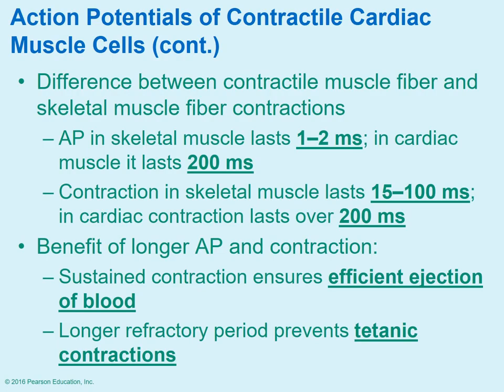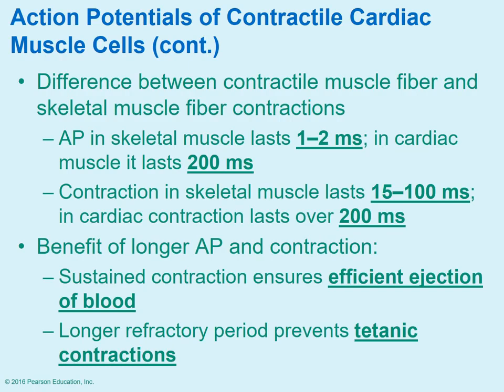Some differences between the contractile muscle fiber of the heart and skeletal muscle fiber contractions is that the action potential in the skeletal muscle lasts for about 1 to 2 milliseconds. In cardiac muscle, it lasts about 200 milliseconds. The contraction of the skeletal muscle lasts for anywhere from 15 to 100 milliseconds.